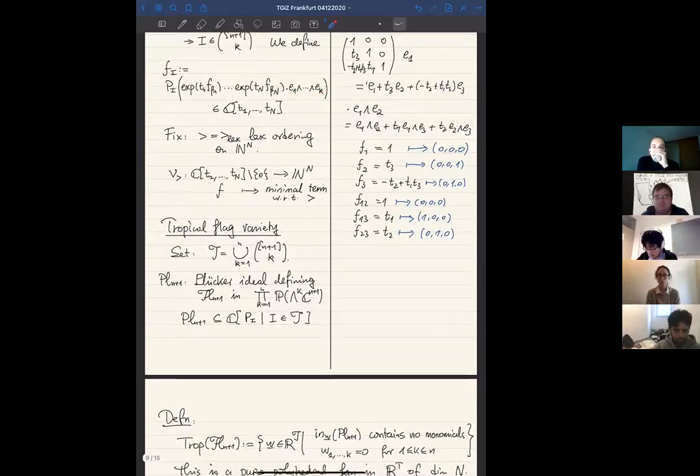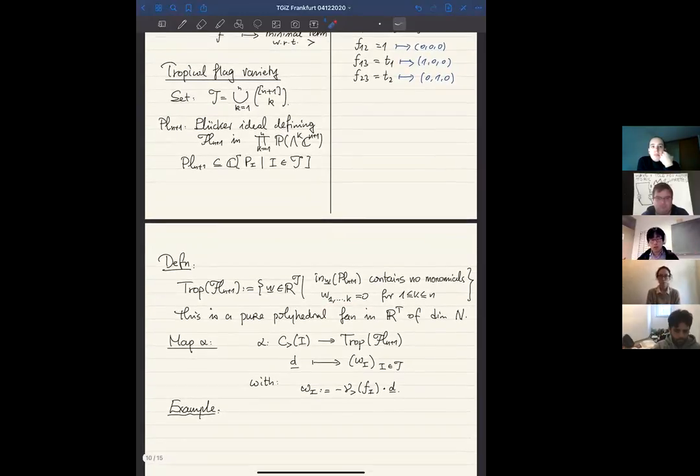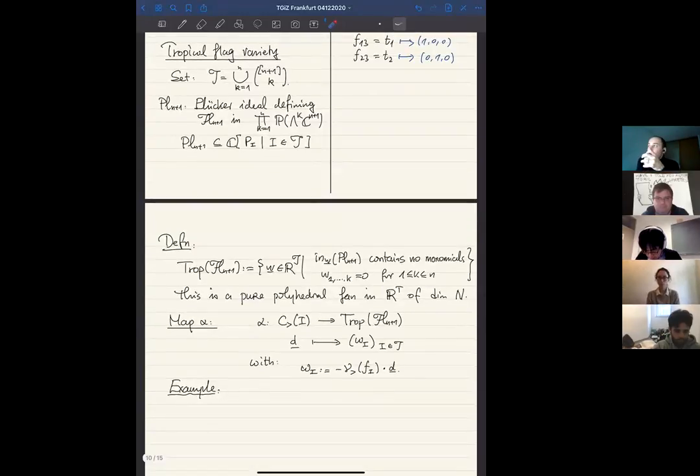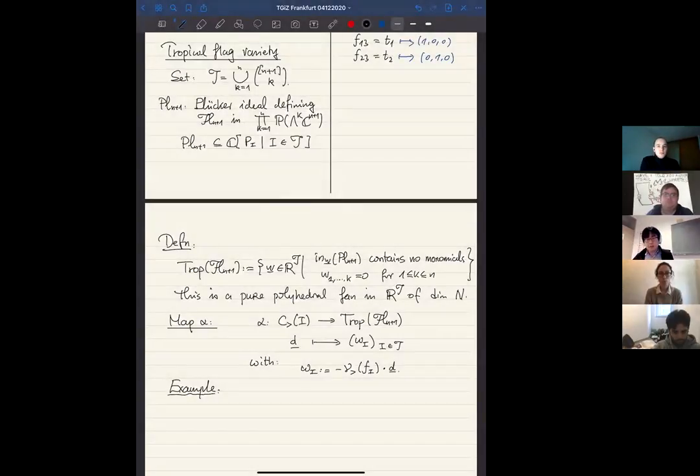So for me this is a very natural assumption, because usually you quotient it out, but okay. Now I can tell you that, from the general results of tropical geometry, this is a pure polyhedral fan in R to the curly T, sorry, I have to change it to the curly T, of dimension big N. This is general theory.